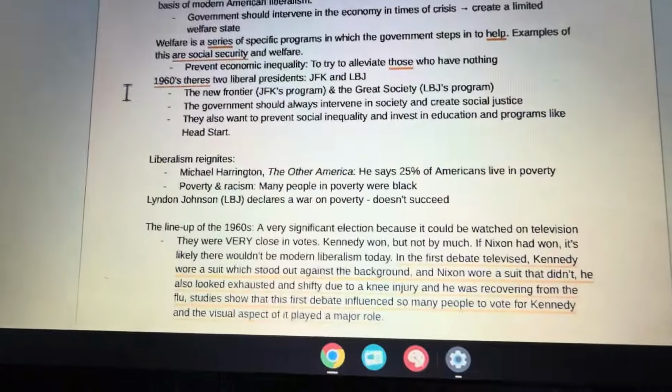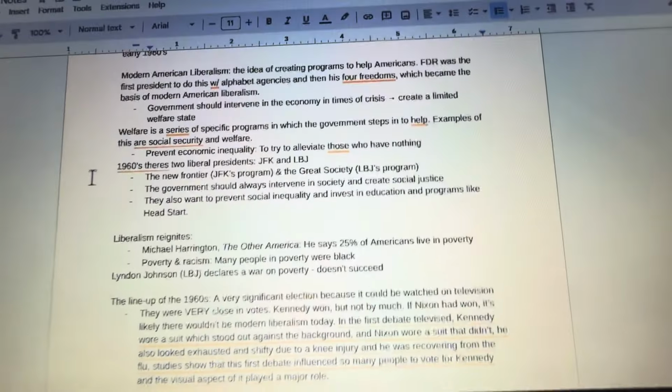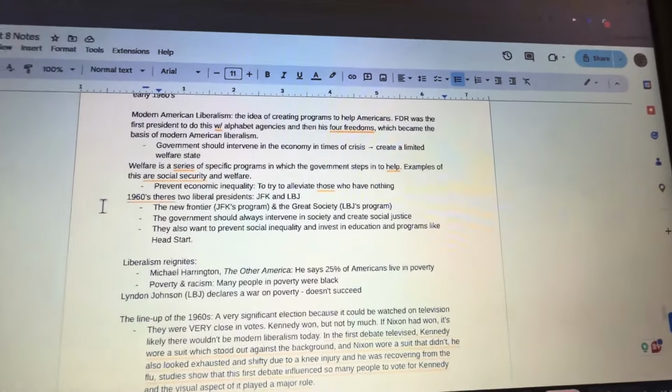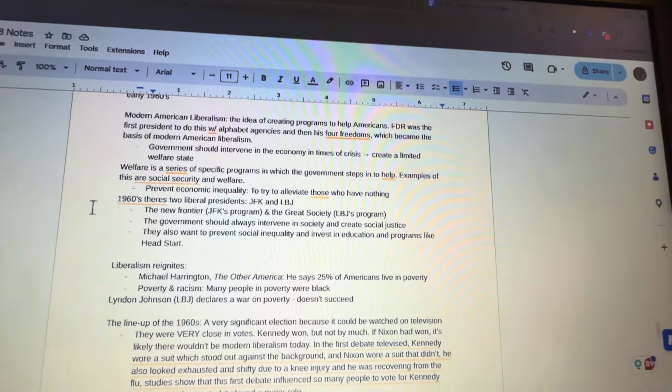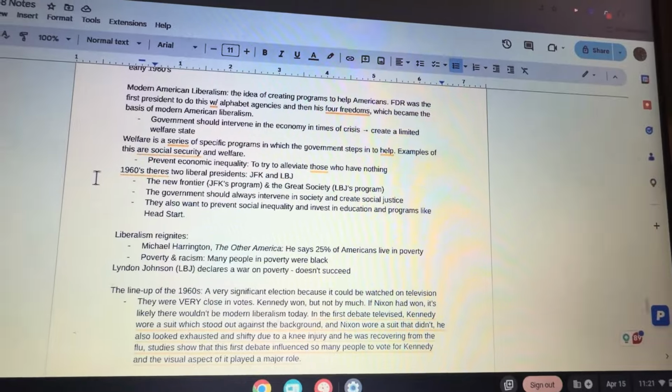In the 1960s, there are two liberal presidents, JFK and LBJ. The New Frontier was JFK's program, and the Great Society was LBJ's program. The idea was that the government should always intervene in society and create social justice, and they also wanted to prevent social inequality and invest in education and programs like Head Start.